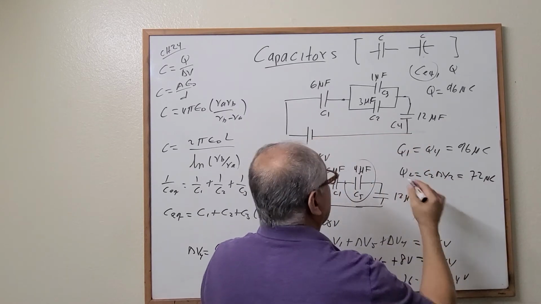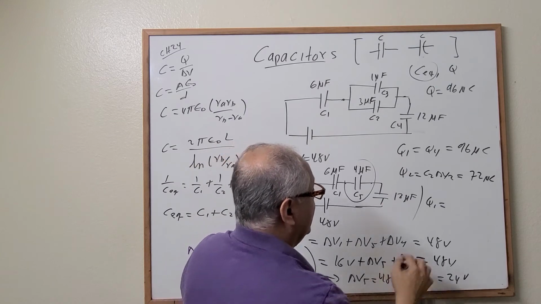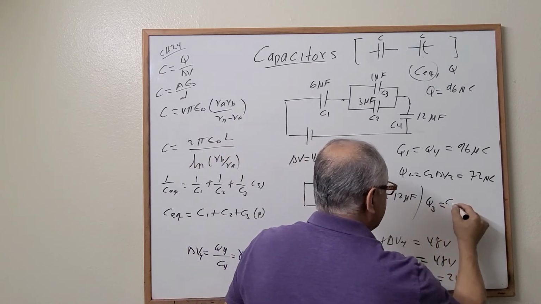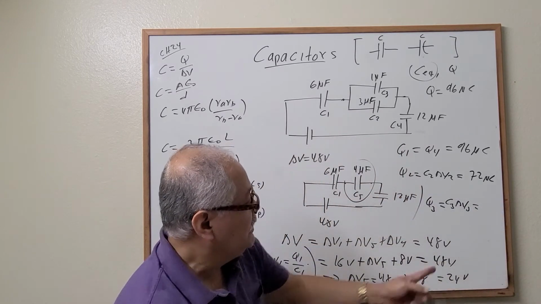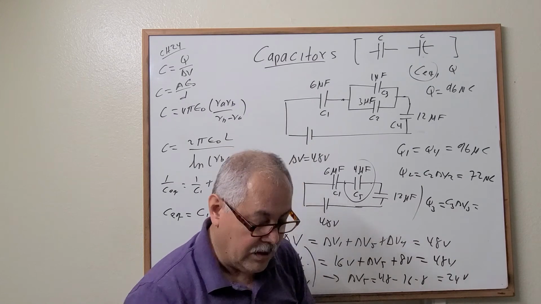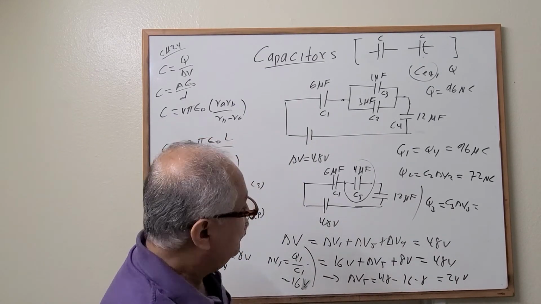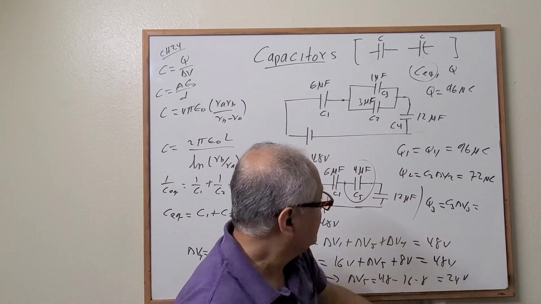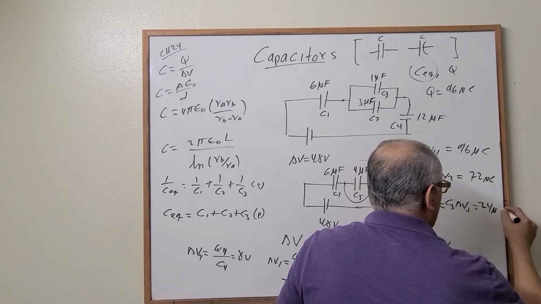What about the charge on capacitor 3? It's going to be C3 times the voltage 3, but it's the same as this one because they are in parallel. So what do we have then? It's 1 times 24, so equal to 24 microcoulombs.